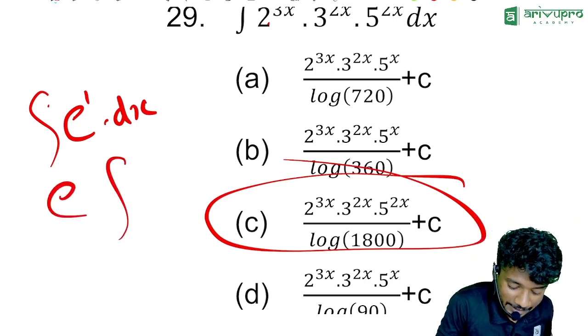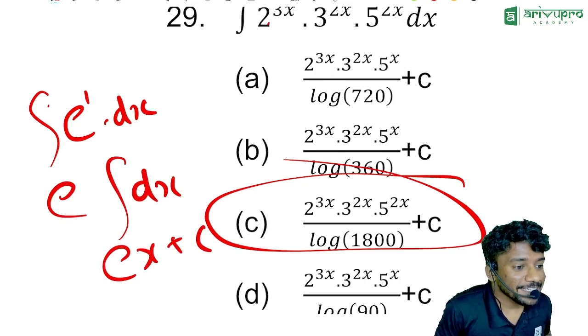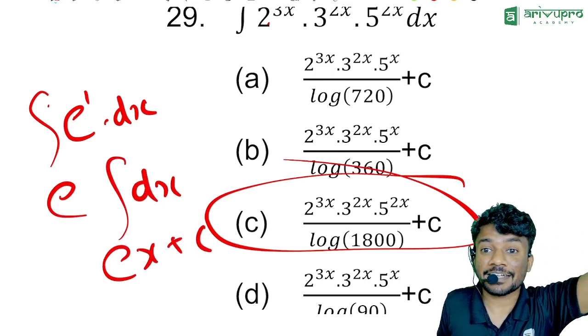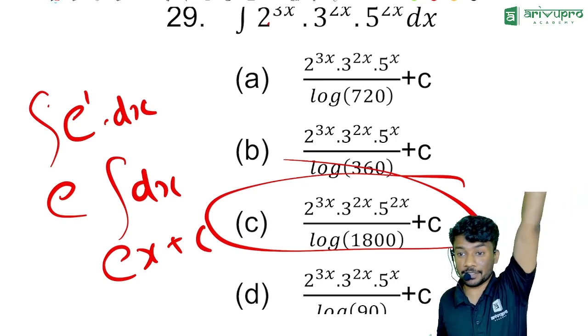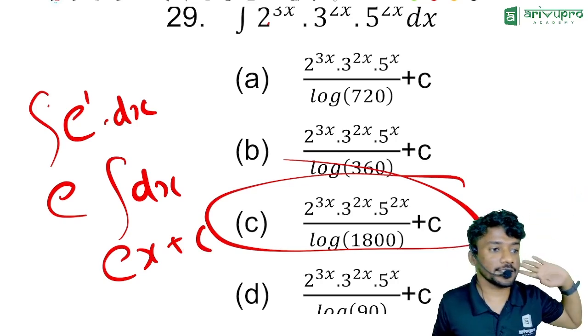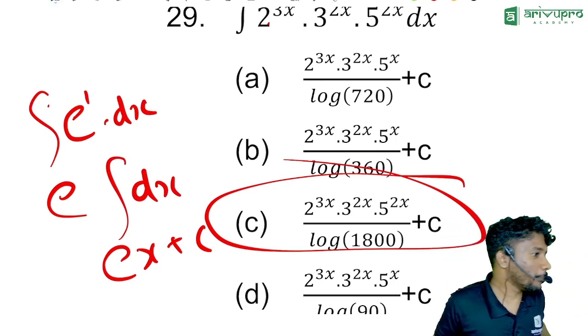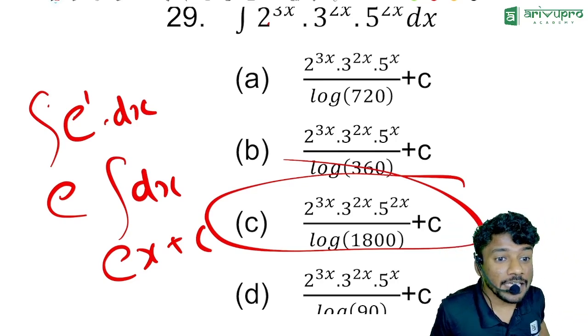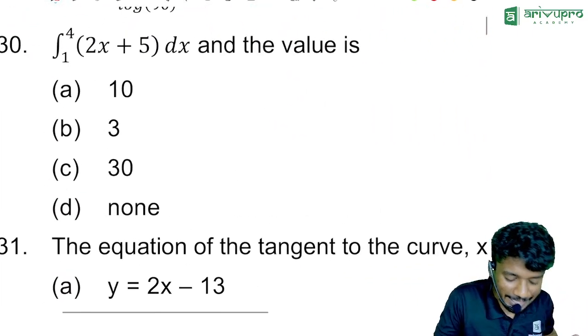E will come outside. It will be ex plus c. Got it? What is the value of E? 2.72. We need that in our second last chapter. Do you remember? Binomial, we need it. What is the value of E? 2.72.